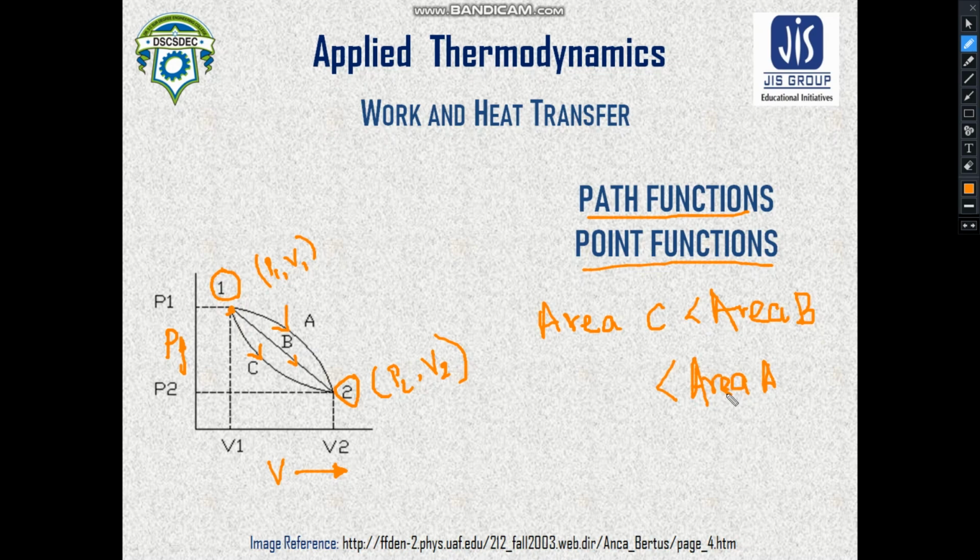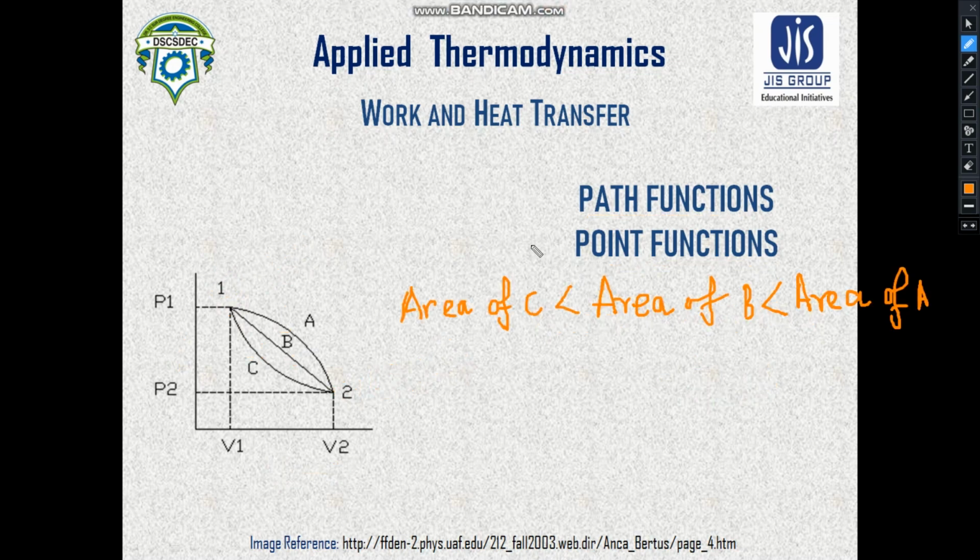Depending on the paths, you can understand the values of these specific functions, not properties, specific functions, differ. So this is what we call path functions: the functions which depend on the path in which the thermodynamic state has been changed.